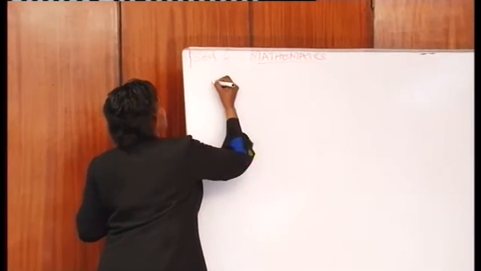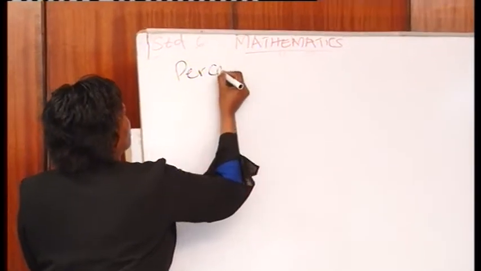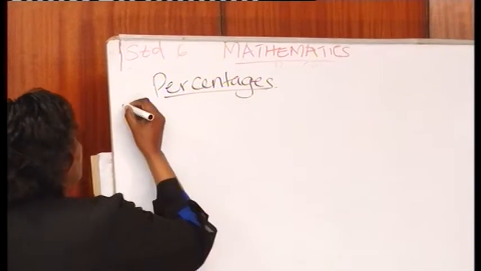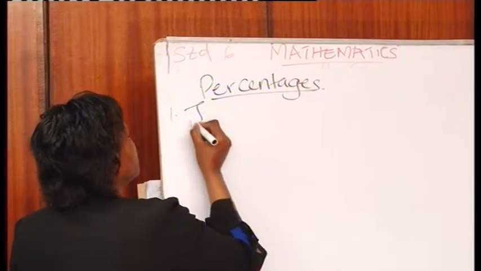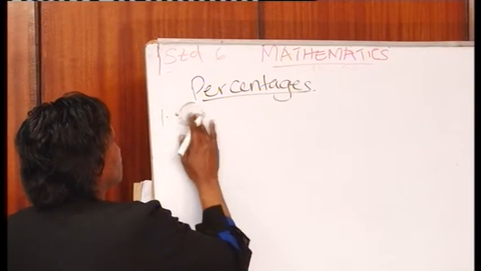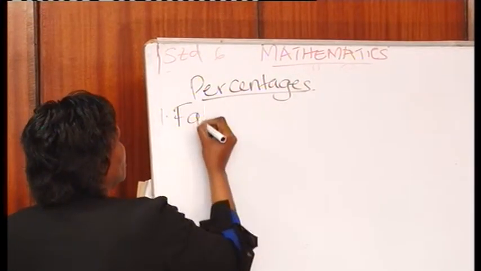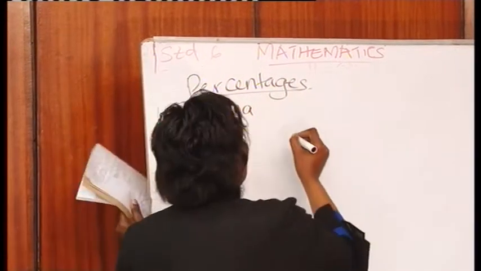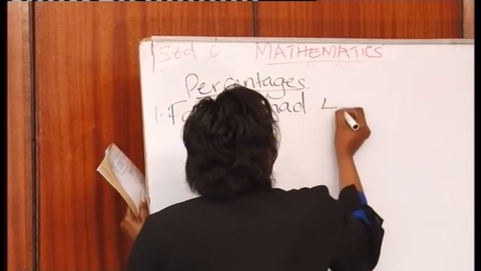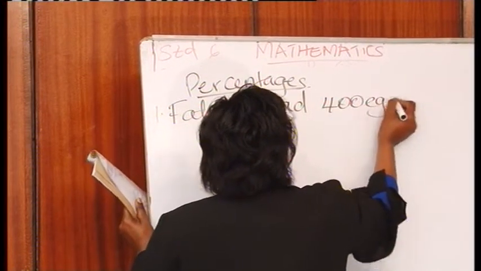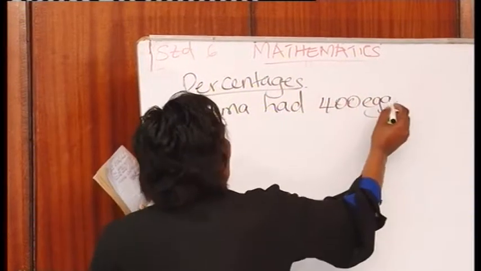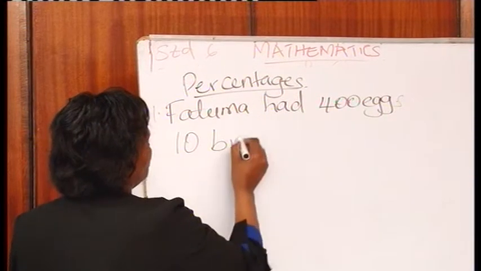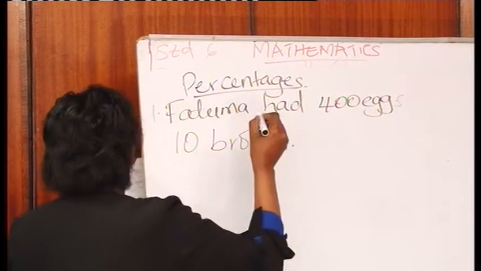We're talking about percentages, where we talk about Jane or Fatuma who had 400 eggs, and 10 broke. This is the same as what we had done previously.